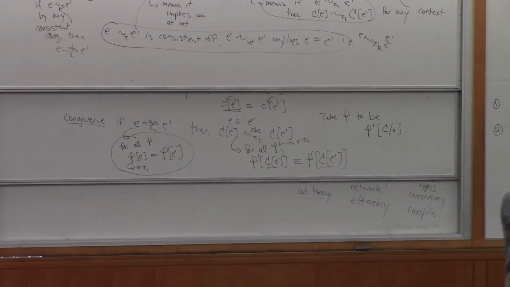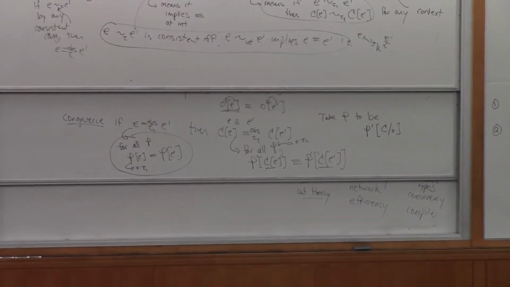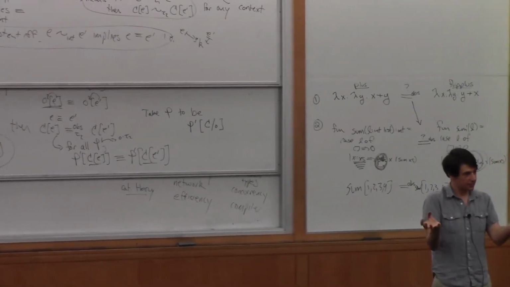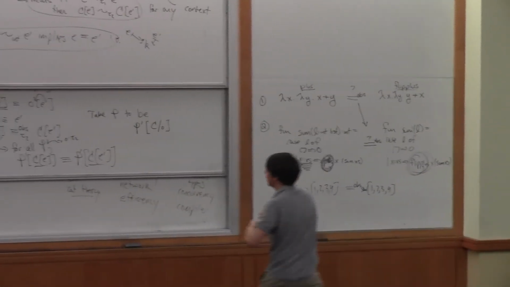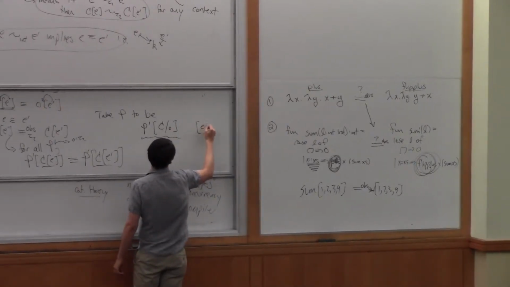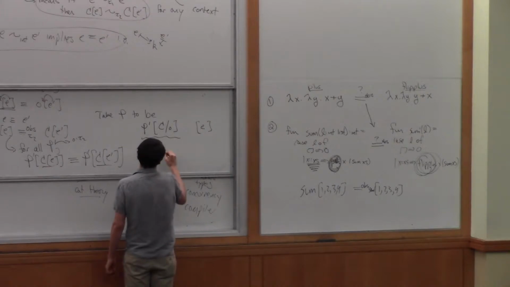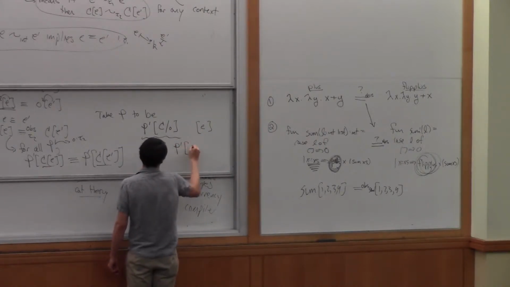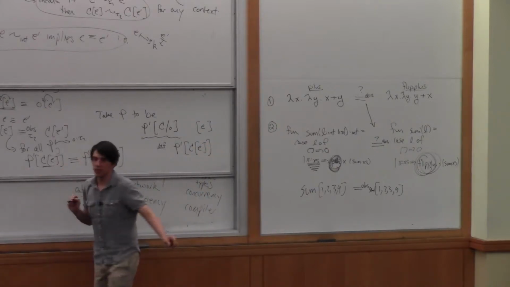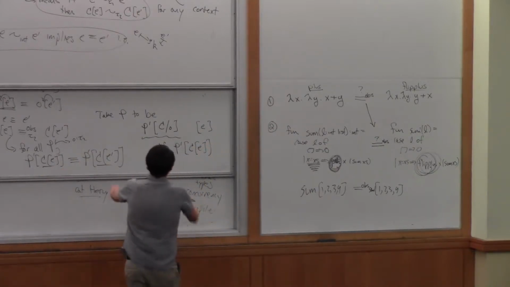OK? Imagine that C is some program that sits around E and E prime. I can then put P around that. And the key point is that when I take this and fill it with some E, well, that's going to, by definition, give P prime filled with C filled with E, which is what we wanted here. OK?